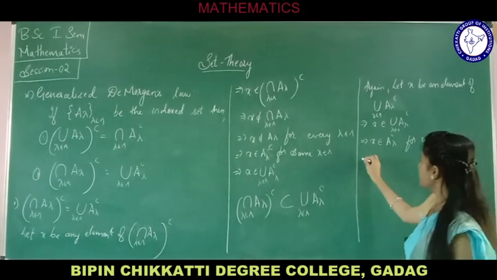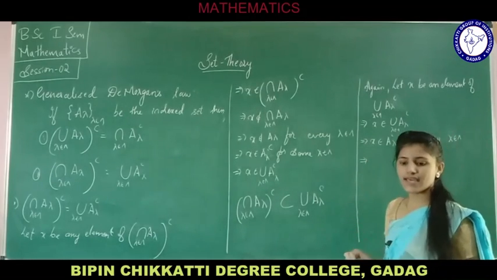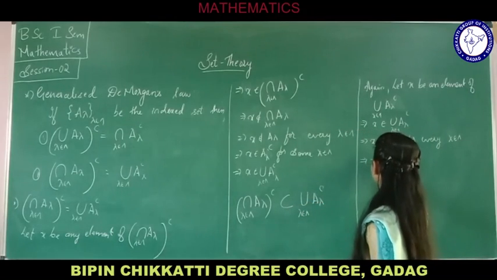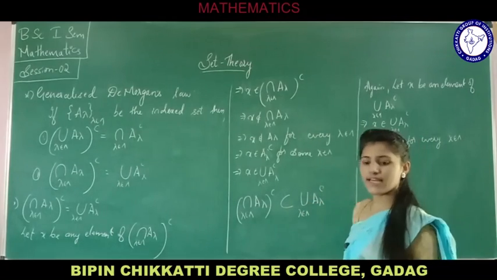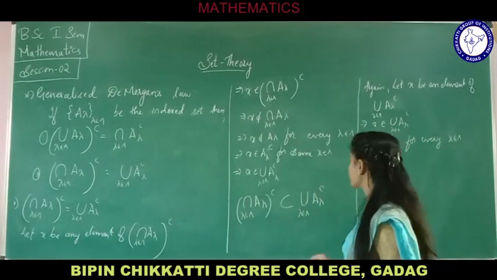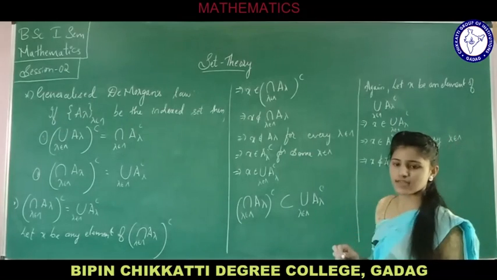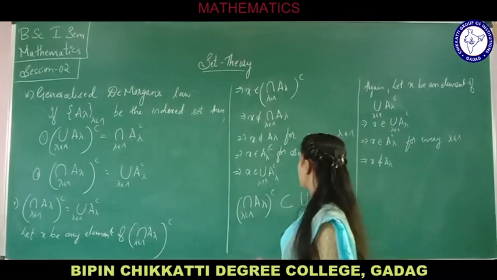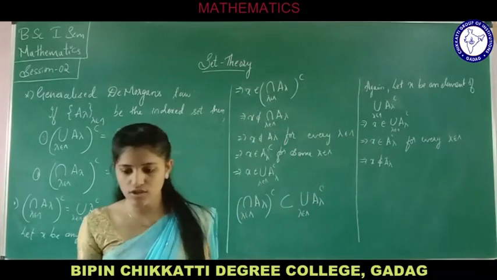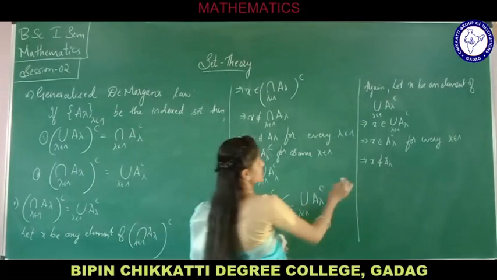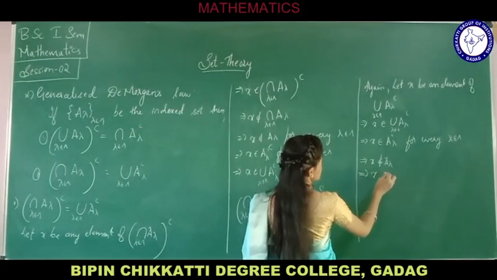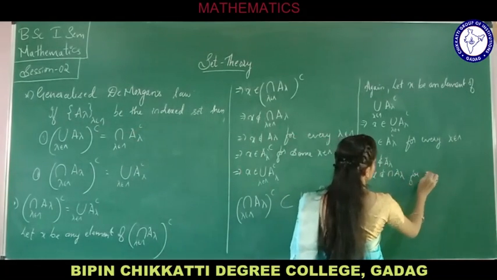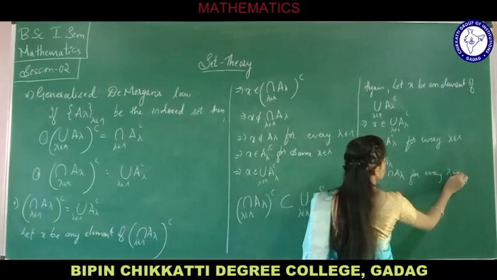What does this mean? This means that x is not going to belong to A lambda for every lambda belongs to the indexed set. So what is going to happen? This implies x is not going to belong to the intersection of A lambda for every lambda belongs to this indexed set.